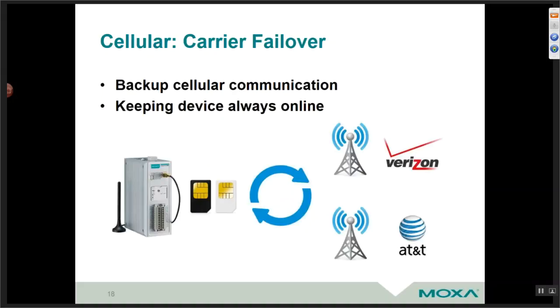So one strategy might be utilizing devices that can work on multiple carriers. While you might prefer, say, Verizon as your primary carrier, you'd have the ability to fall back to a secondary carrier if that cell tower went offline for some period of time. So these are good things to think about in planning for your remote monitoring systems.